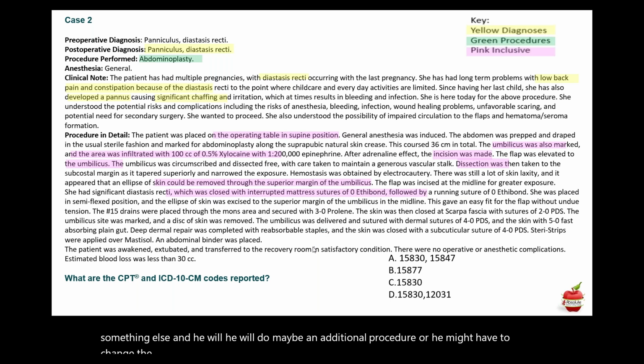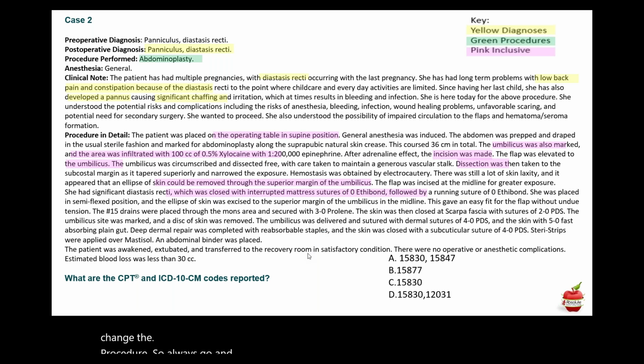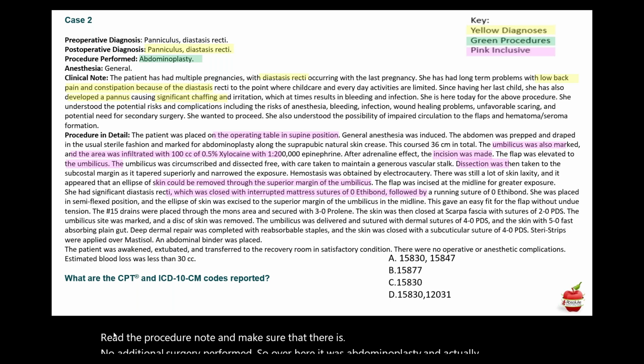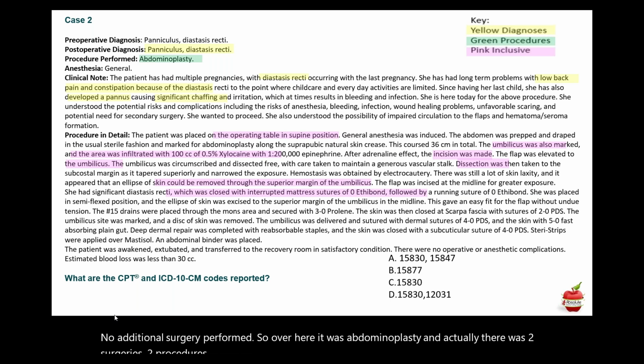So always read the procedure note and make sure there is no additional surgery performed. Over here it was abdominoplasty, and actually there were two procedures performed: one is abdominoplasty and one is panniculectomy.